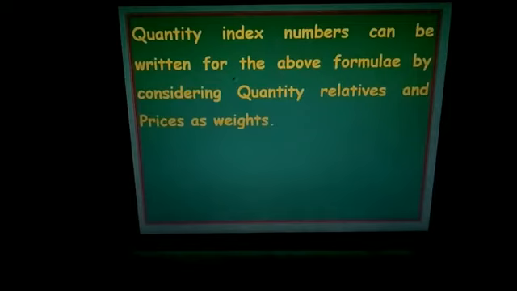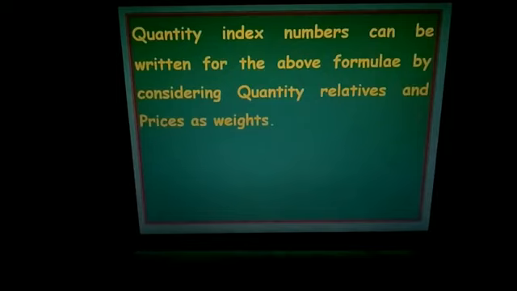Those can be written for the above formulae by considering quantity relatives. Because they are quantity index numbers, we will be considering quantity relatives. Previously, they were price index numbers, and we considered price relatives. And once you are considering quantity as the relatives, what should be the weights?